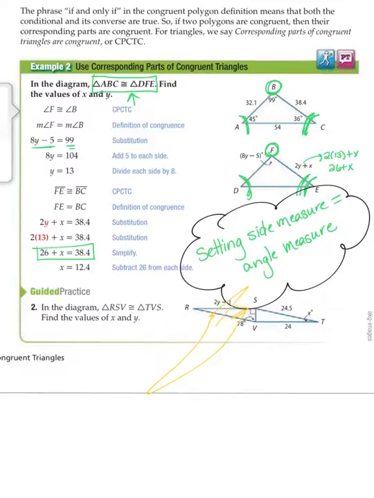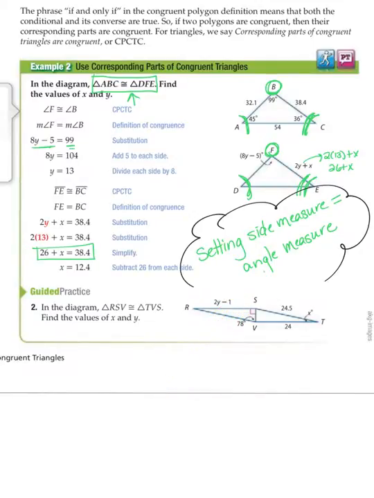There's the lightning. Do not set an angle measure equal to a side measure just because. There will be times when by coincidence maybe they turn out to be the same, but that will be just totally by coincidence. We will never depend on one to get the other.